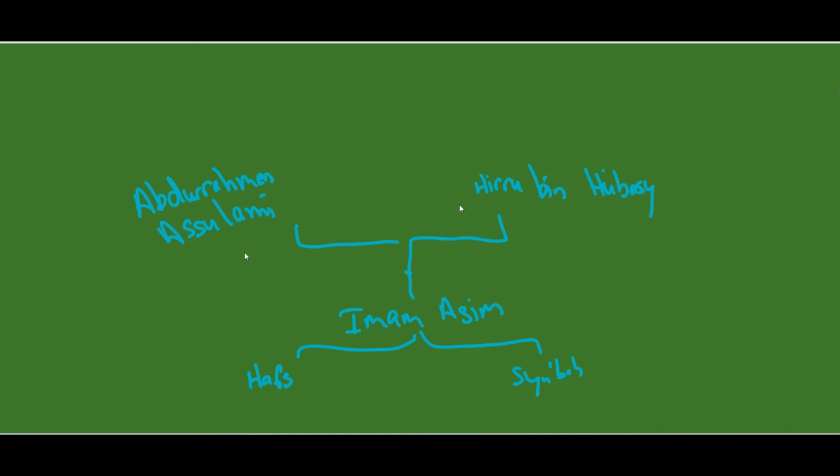Who are these two individuals? Zirr bin Hubaysh is a tabi'in who took his recitation from Abdullah bin Mas'ud, Ibn Mas'ud. Who is Abdullah bin Mas'ud?